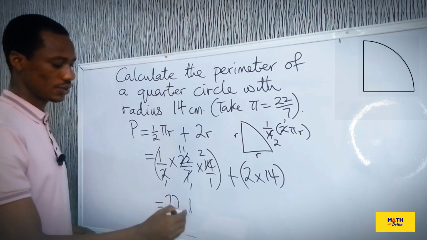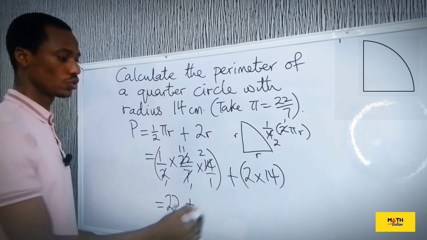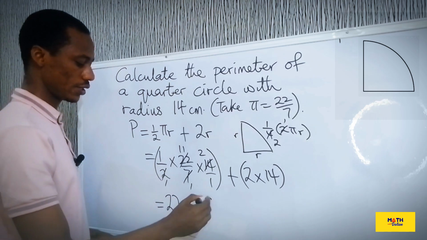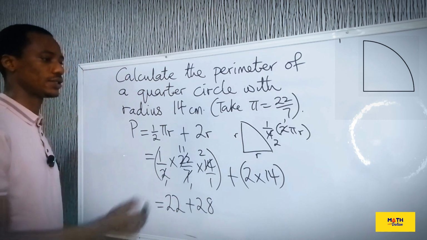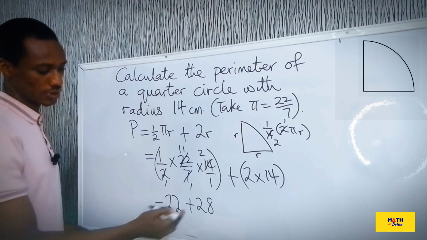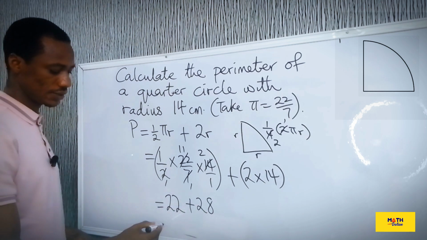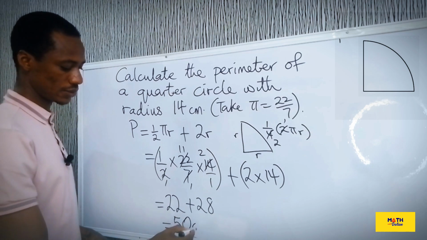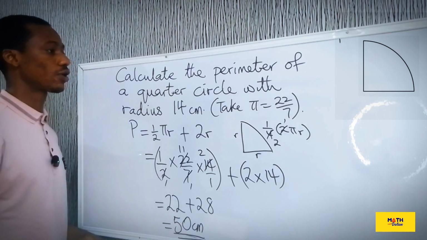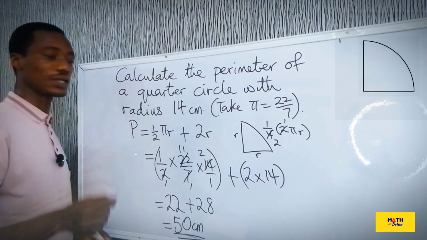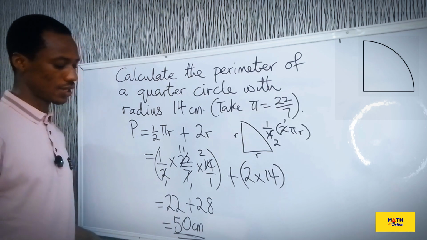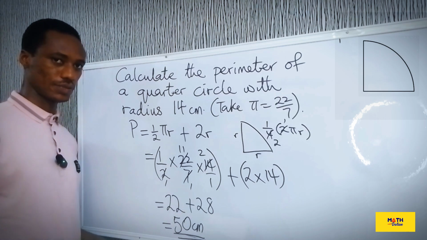Then here we have 2 times 14, which is 28, all in centimeters. So 22 plus 28 will give us 50 centimeters. So the perimeter of this quarter circle with radius 14 centimeters is 50 centimeters.